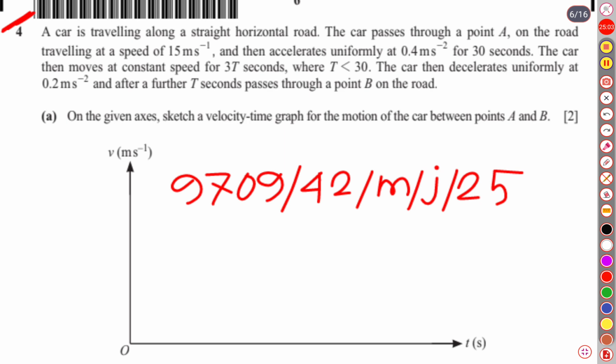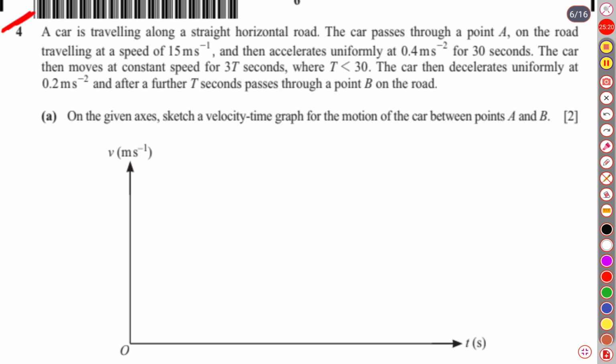on the road. So there are actually three phases of this journey also. The question says, on the given axes, sketch a velocity-time graph for the motion of the car between the points A and B. As there are three phases of the total journey, the initial velocity is given, it is 15, but when it was accelerating, we don't know the velocity at that time.